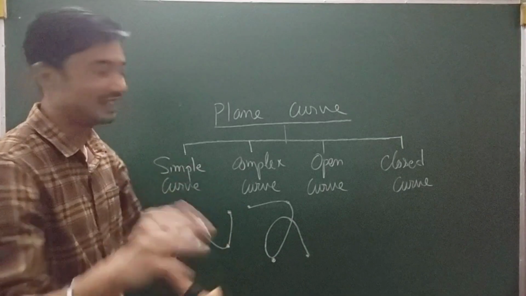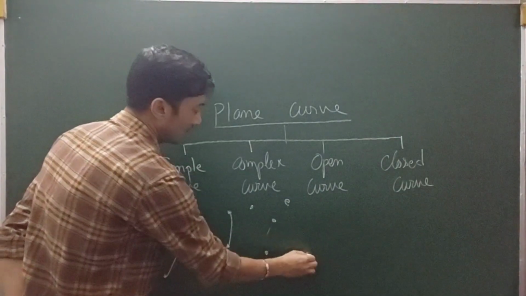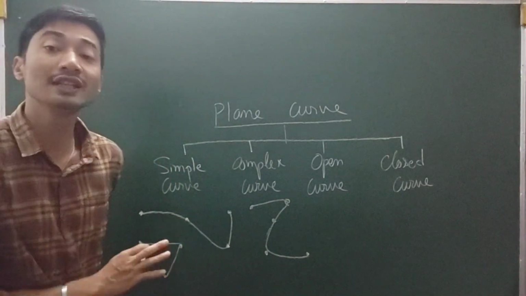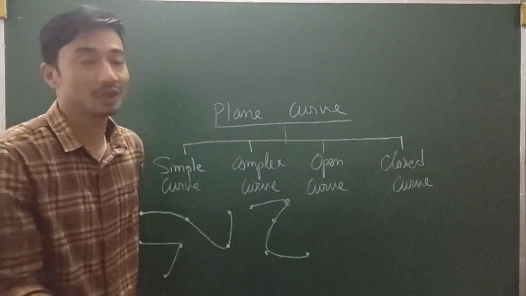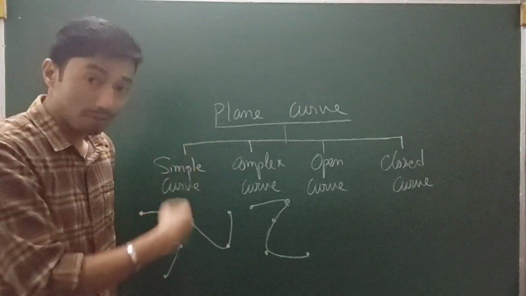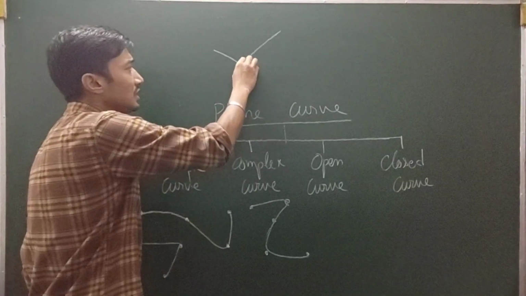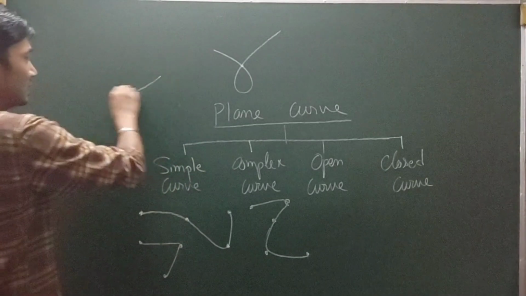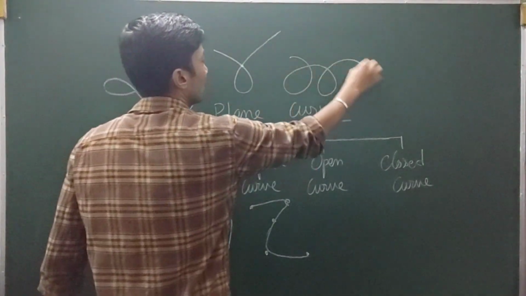Some of you must be thinking, I can just join like this, like this. Yes, then in that case, it will be called a simple curve. Understand the bigger picture. Complex curves will be those curves which cross each other at one point or another, like this, or like this.